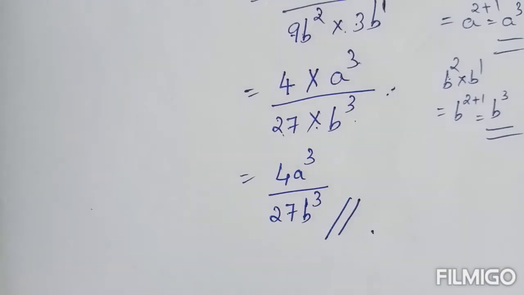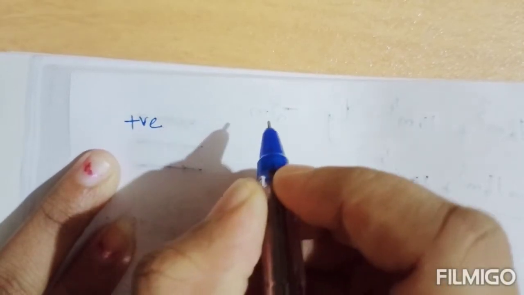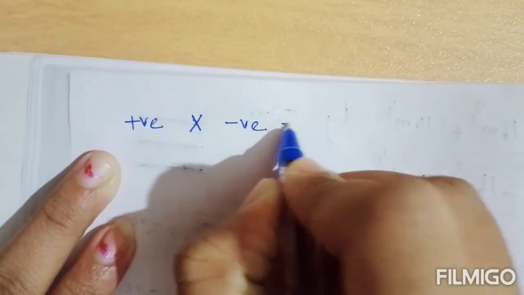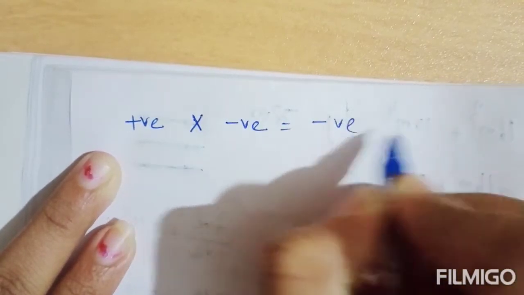Okay. Before doing the 8th problem, let me explain the multiplication and division of integers, that is the rules to be followed. Okay. Multiplication I am telling first. Positive into negative, it is negative.